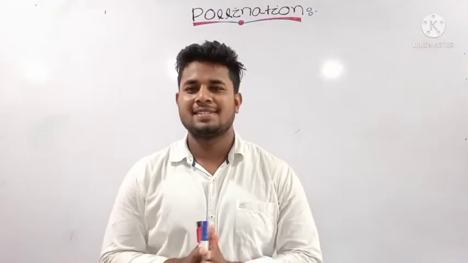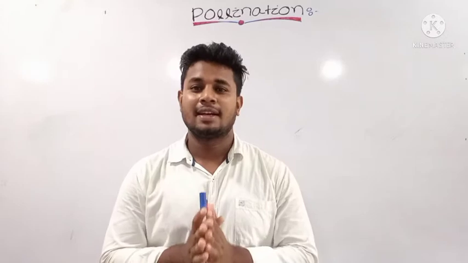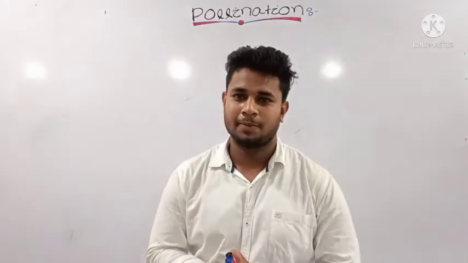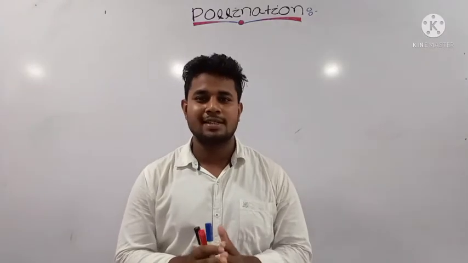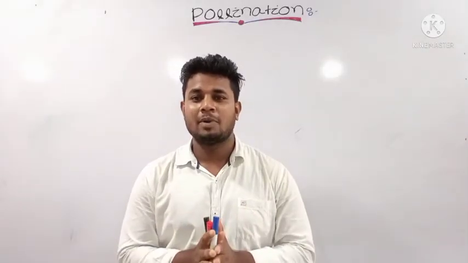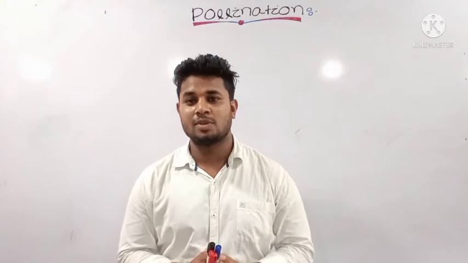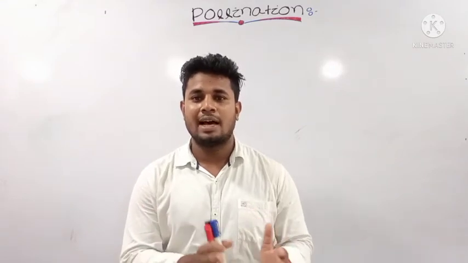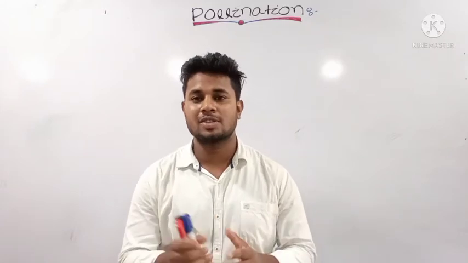Good morning, students. Welcome back to another class from your chapter, sexual reproduction in flowering plants. Already we are discussing in detail the sexual reproduction process in flowering plants, and how different structures are involved in the process of sexual reproduction.